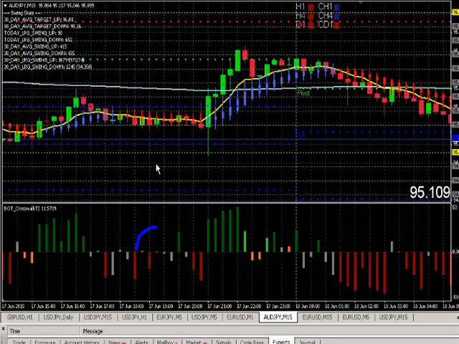Okay, now let's talk about the colors for the crosswalk. Let me clean that. Okay. Darker green, we are interpreting a strong trend up. Lighter green, we are interpreting a weak trend up.